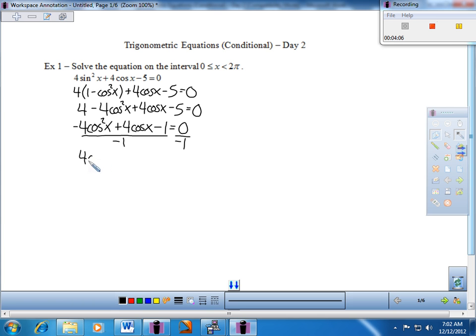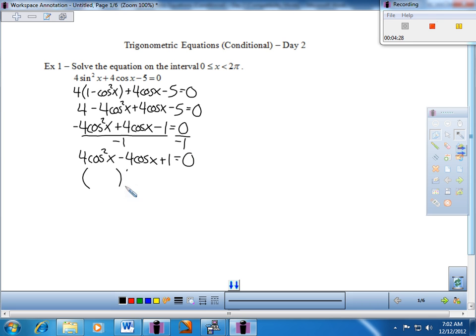So just going to change the signs here. 4 cosine squared minus 4 cosine, and then how about a +1? And that's looking great. It's a good position to be in, because it allows us to take the opportunity and try to factor at this stage. And so let's do that together, everyone. So I'm seeing this.